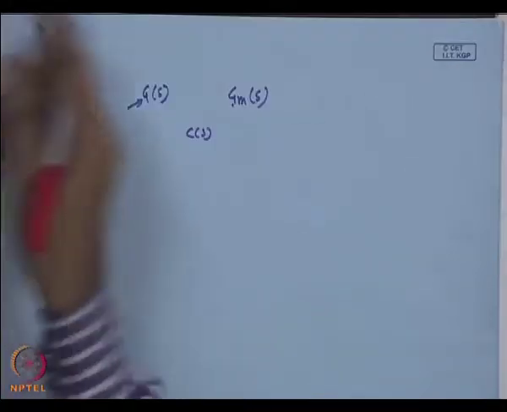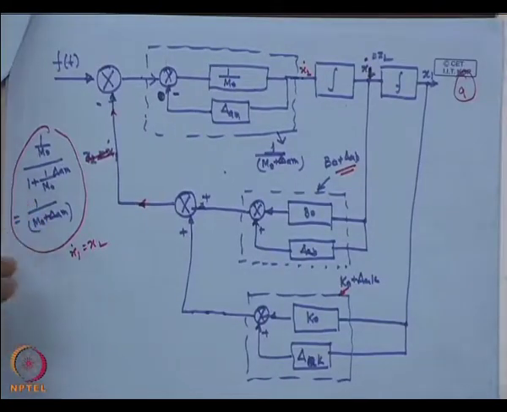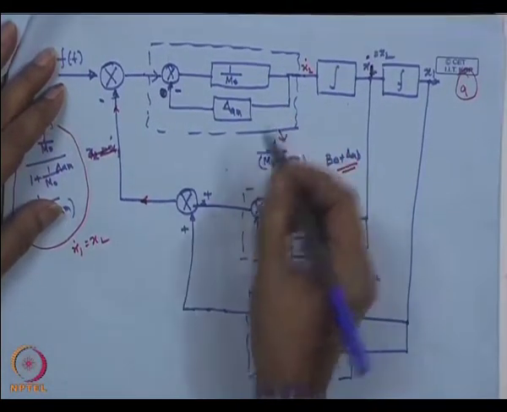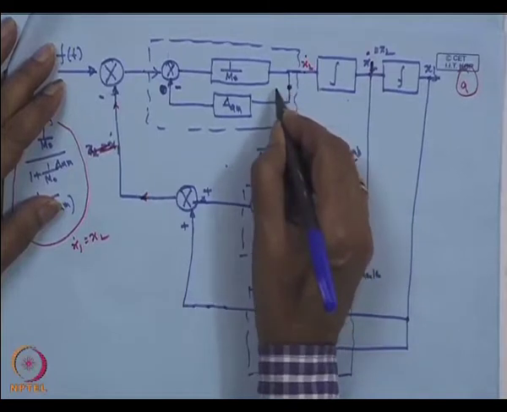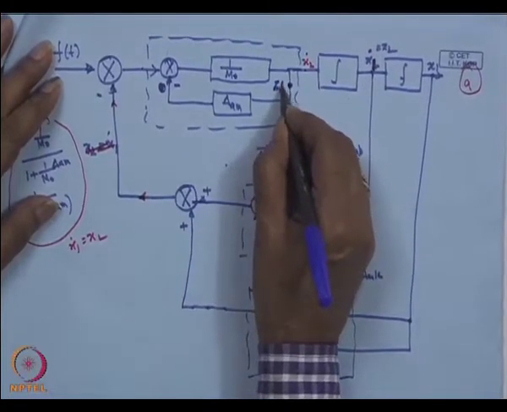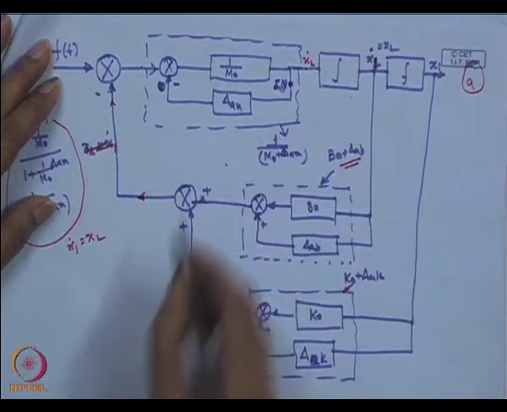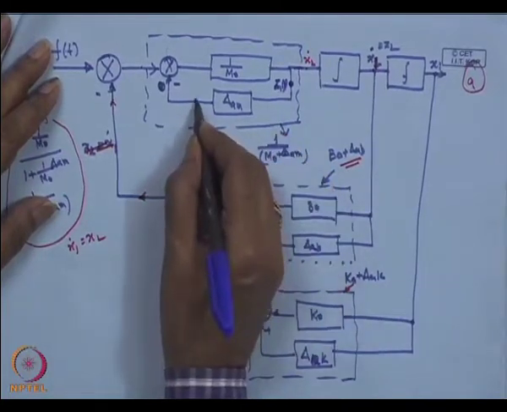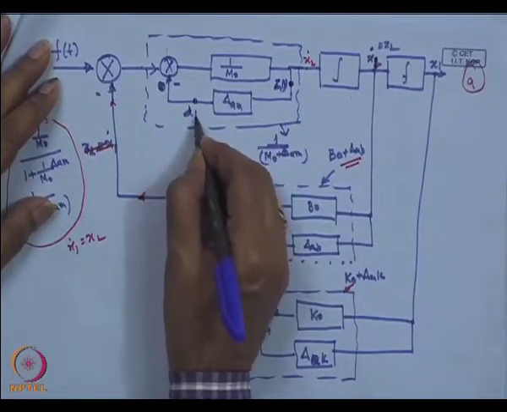I am not drawing this once again, but let us call this signal z 1 of t. Then the output of this part of the model is d 1.